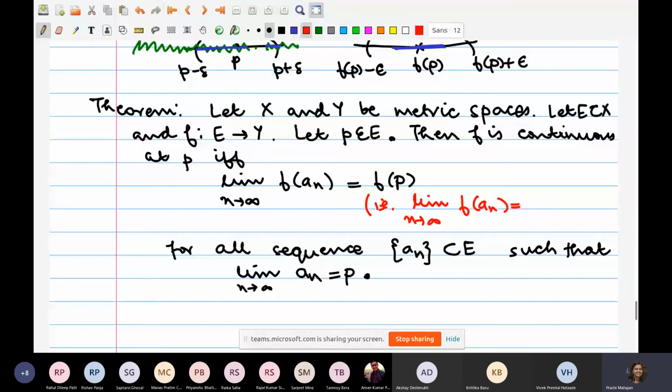So you take the limit of the sequence a_n first, which is P, and then apply f, right? So one can interchange the order here. Whether you take the limits first or whether you apply the function f does not matter as long as you are working with continuous functions.